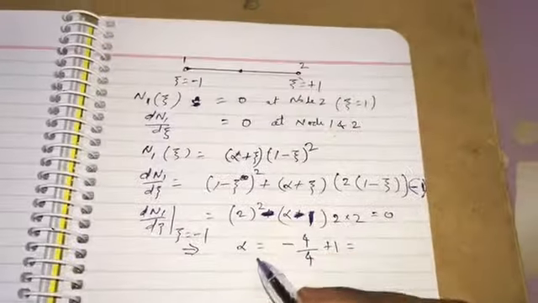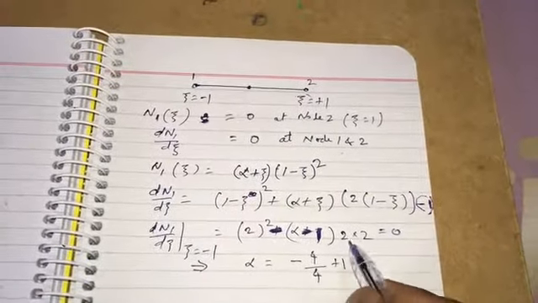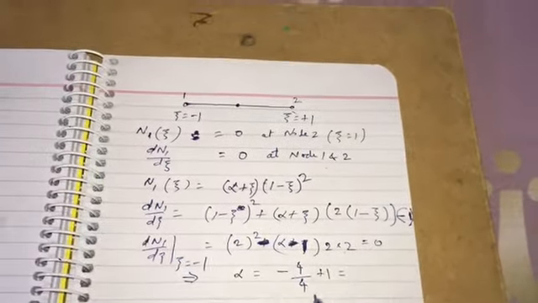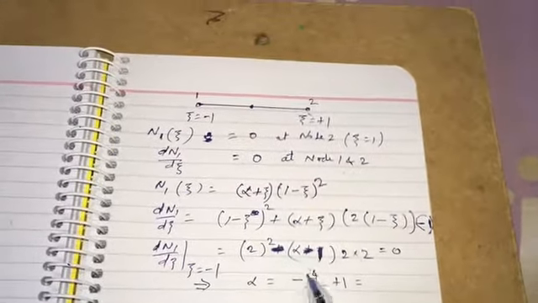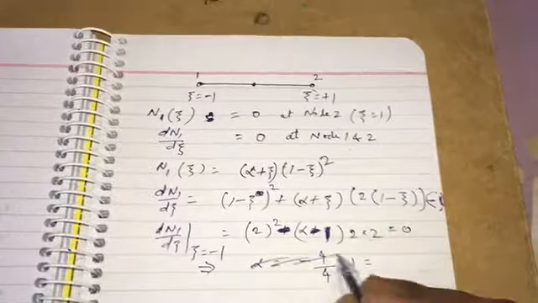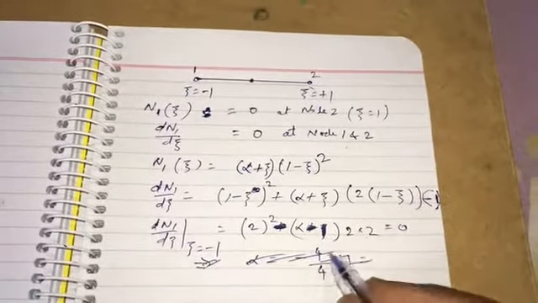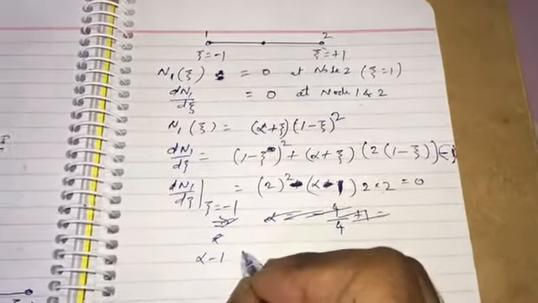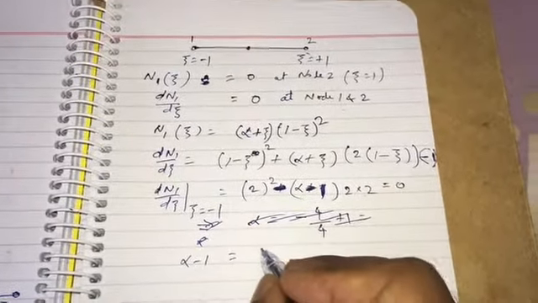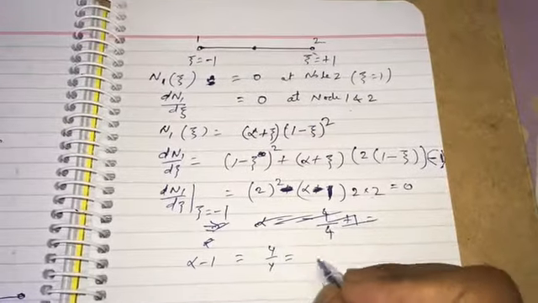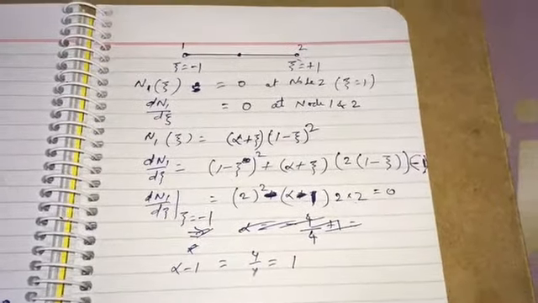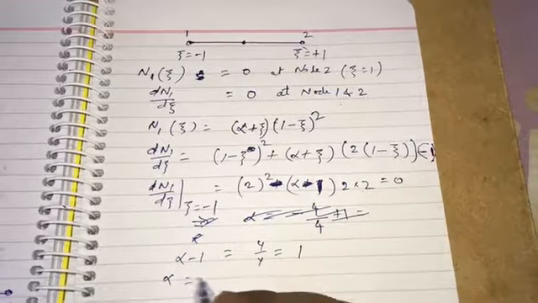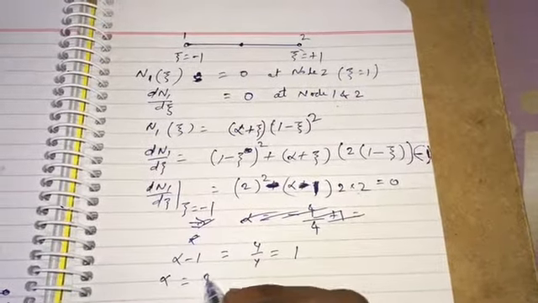Hence we get alpha, let's write it again. So what do we get? We get alpha minus 1 equal to 4 by 4 equal to 1, and hence we get alpha equal to 2.